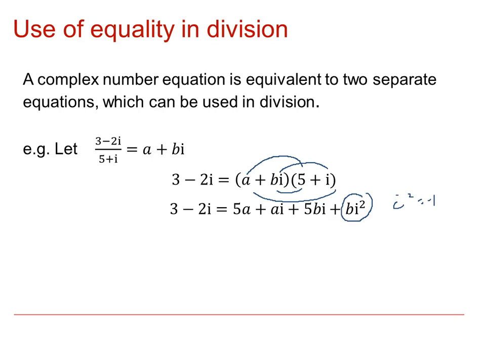The real part of this number is going to be 5a minus b, and the imaginary part is going to be a plus 5b. Now we can equate the left hand side to the right hand side looking at the real parts and the imaginary parts.